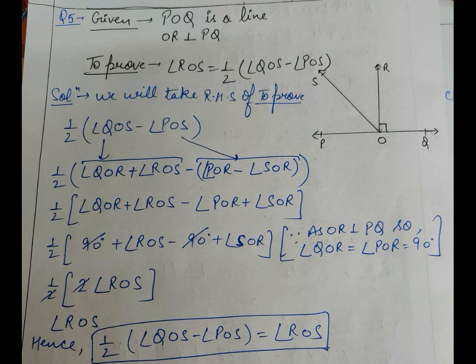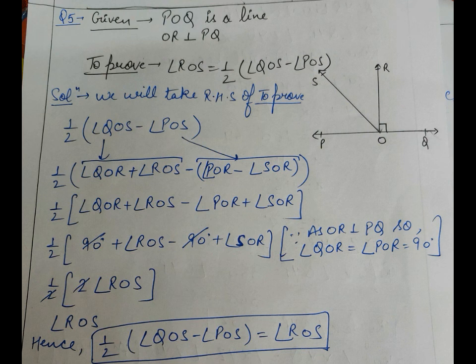Now we will take the RHS to prove. So the RHS is half of angle QOS minus angle POS. Now you can see that I have written half as it is, and I have replaced according to the figure angle QOS as angle QOR plus angle ROS, and angle POS can be replaced as angle POR minus angle SOR.